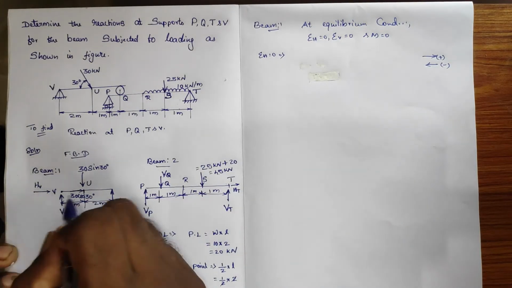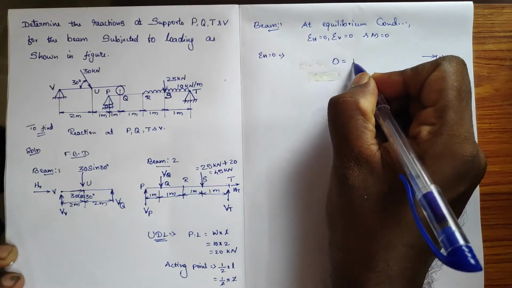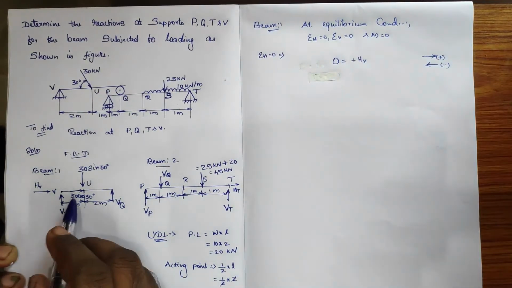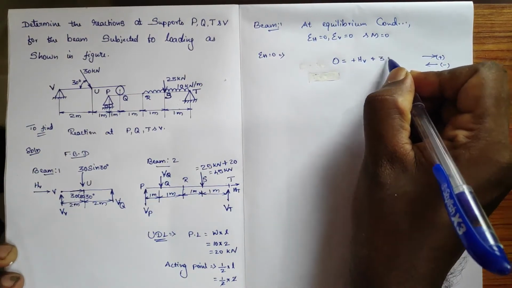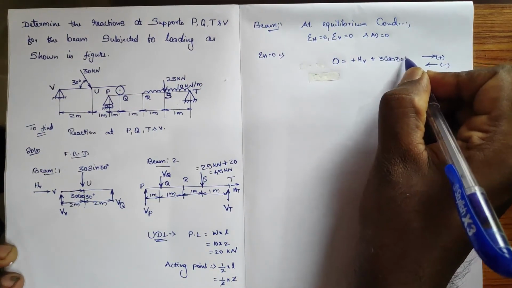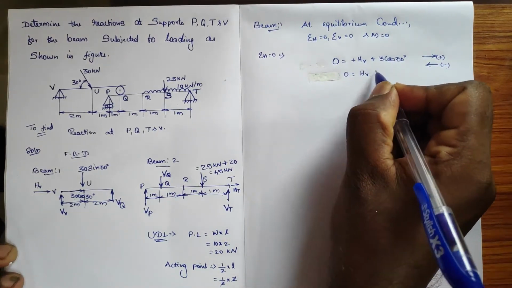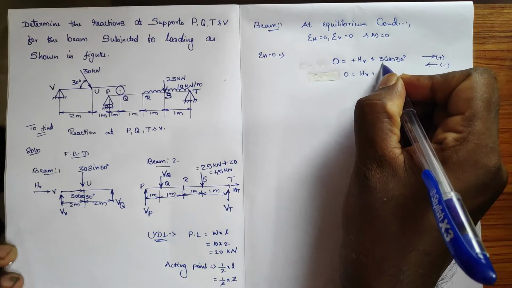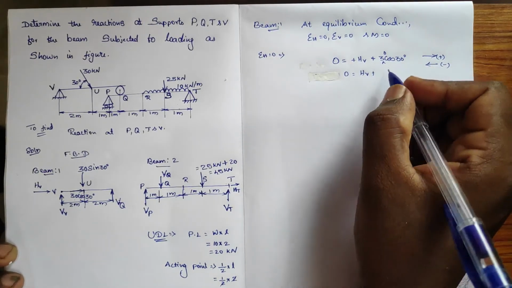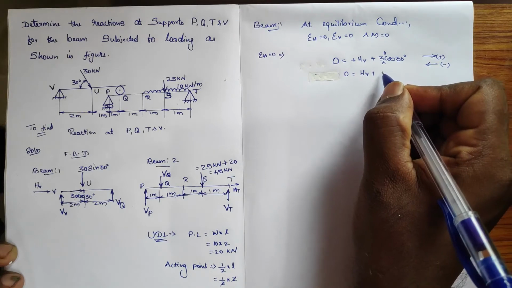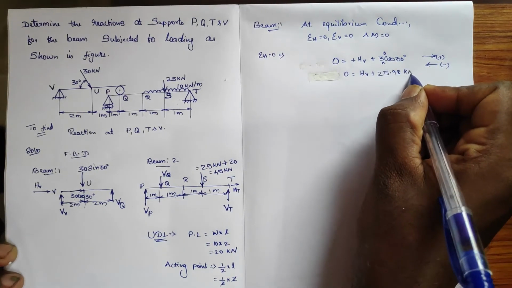So HV is directed to the positive side, so 0 is equal to plus HV, and this force is also directed to the positive side, so it is 30 cos 30 degree. When you simplify 30 cos 30 degree, you will get 25.98 kilonewton.